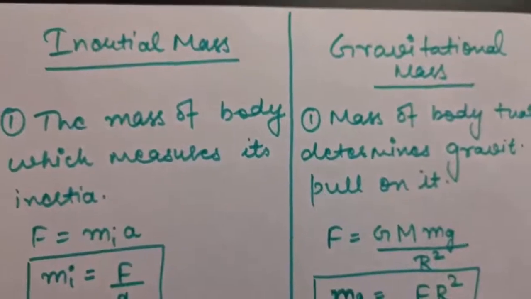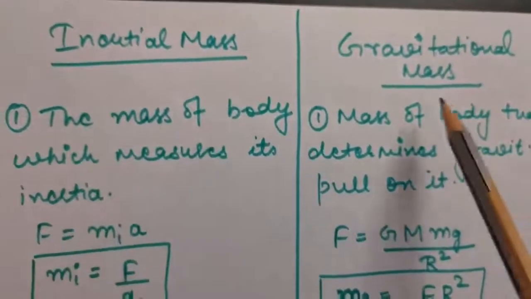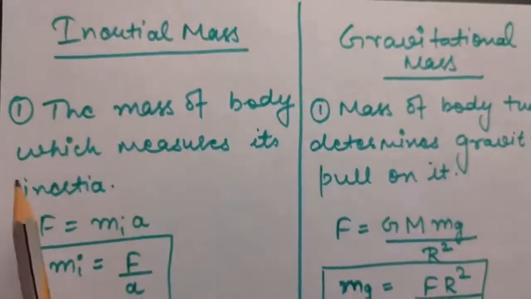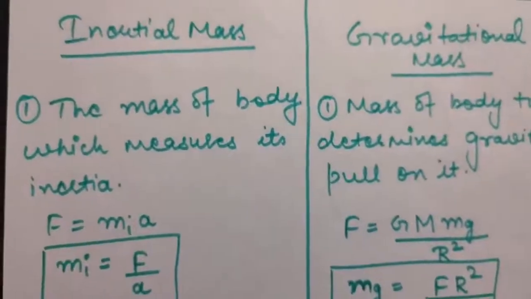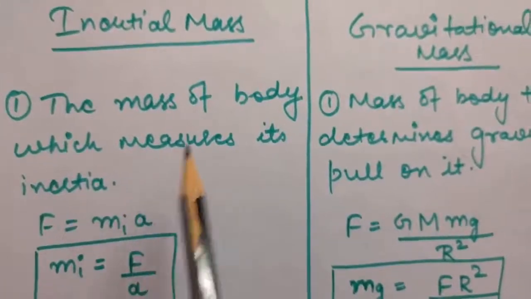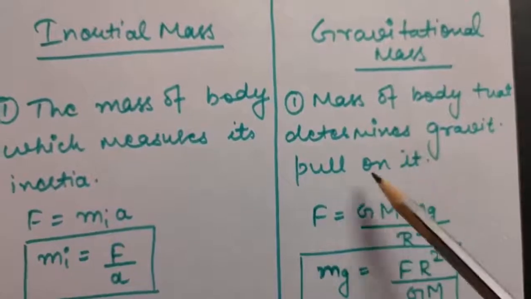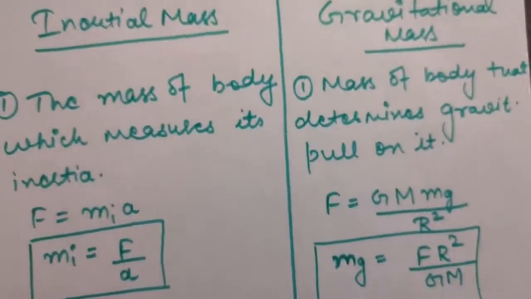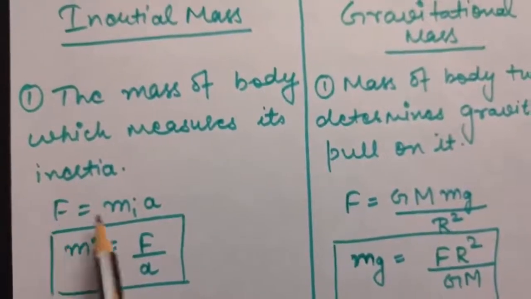Now let us see the difference between the two types of masses, that is inertial mass and gravitational mass. The mass of the body which measures its inertia is called inertial mass, or you can say the mass which is due to the inertia of the body is called inertial mass. Similarly, the mass of the body that determines the gravitational pull on it is called gravitational mass. Now, to calculate inertial mass, we generally use the formula F is equal to ma.